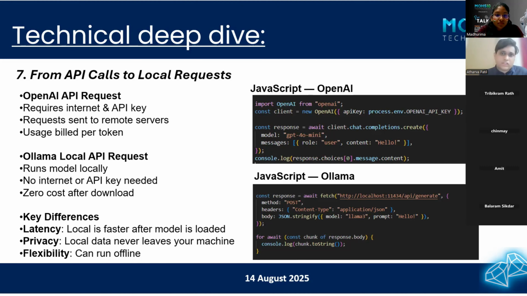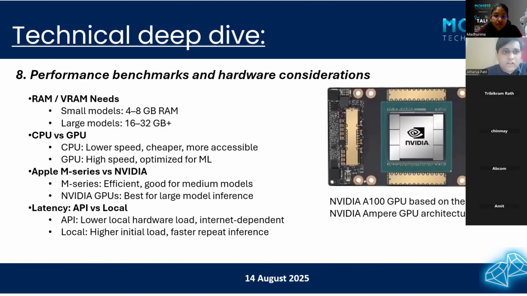The two code snippets have been pasted here. If we had to use the OpenAI API, we just import OpenAI from the library and we can use it. Same for OLLAMA, we need a backend server running at 11434 and we can use it.